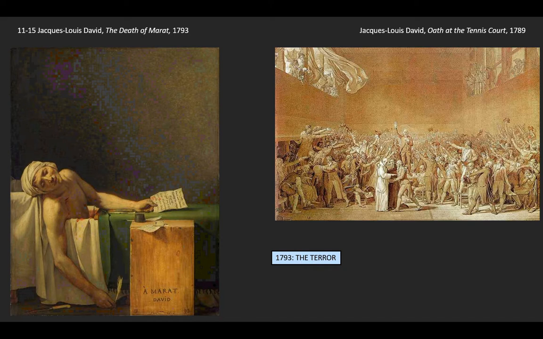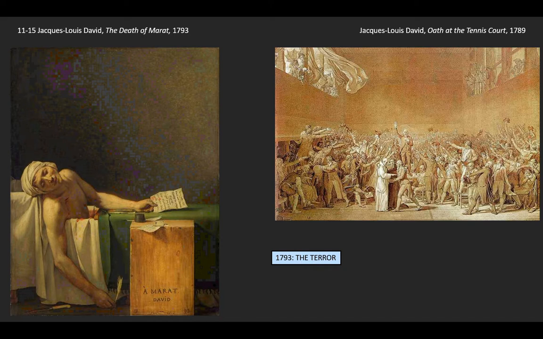And there was some public sentiment against the revolutionaries, the stark violence of their actions. And to combat this, the revolutionaries wanted images showing the deaths of their fallen leaders. And Jacques-Louis David's Death of Marat is a picture that is meant to serve as a reminder that the revolutionaries had been killed as well.